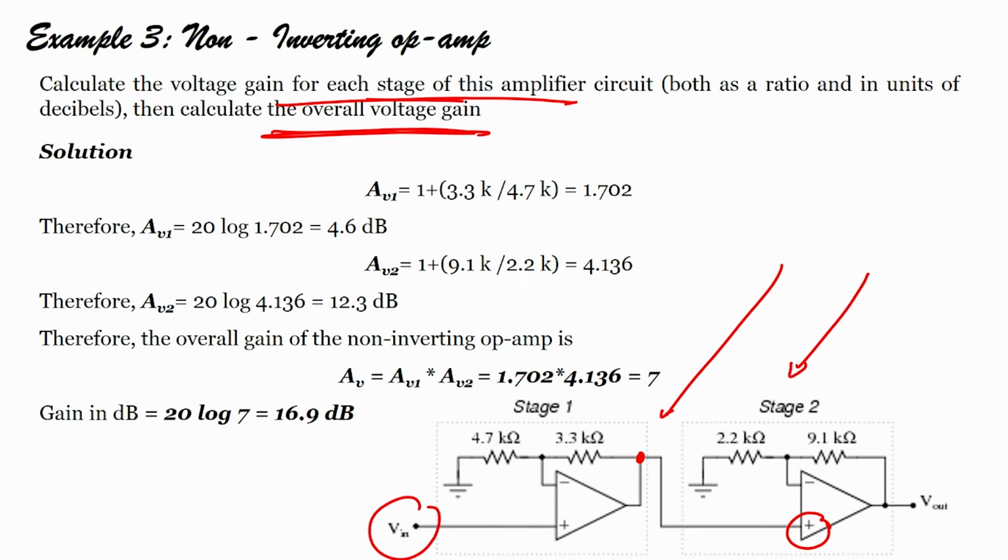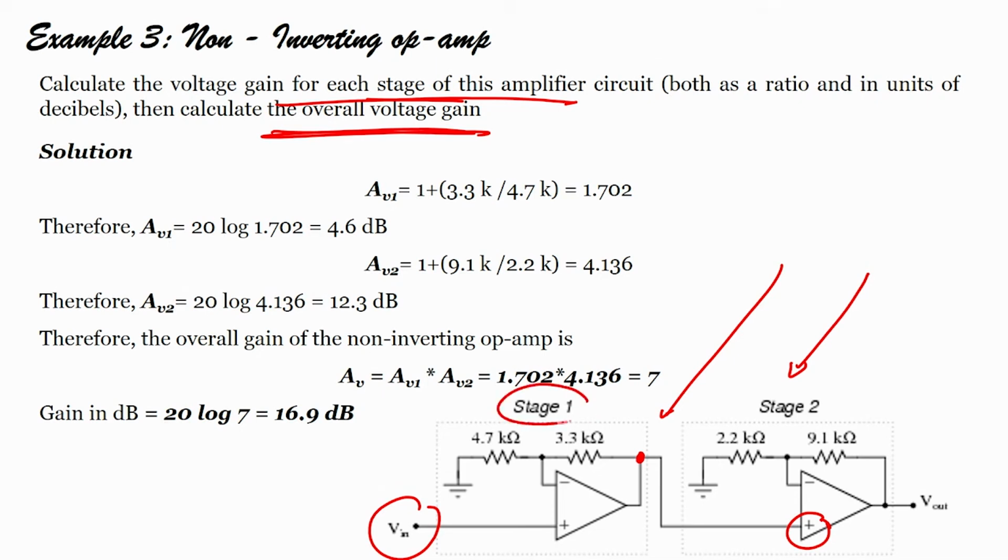Here we are asked to find the overall voltage gain and also the voltage gain for each stage. You see, a circuit may look complex, but the solution is very easy.